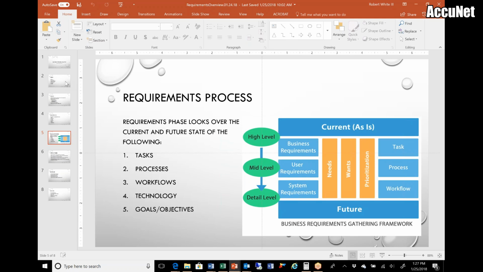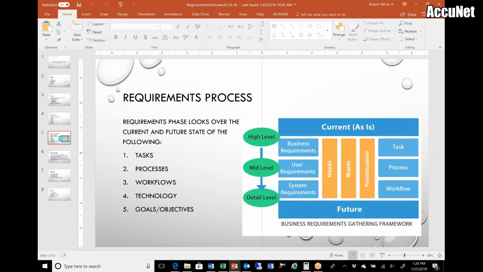identifying the different tasks, the processes and workflows, of course technology, and understanding how it currently gets facilitated. Okay, somebody creates a manual work order that then gets typed by resource B into a tool or system like SL or Acumatica, and then there are all these other processes that happen afterwards.